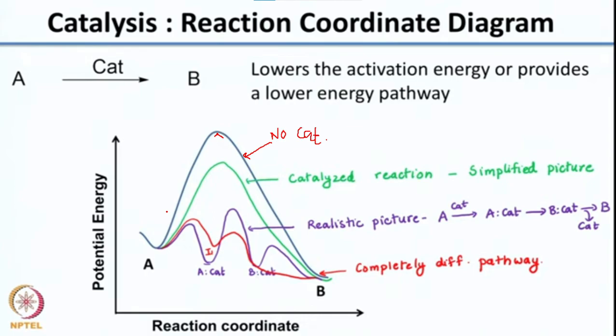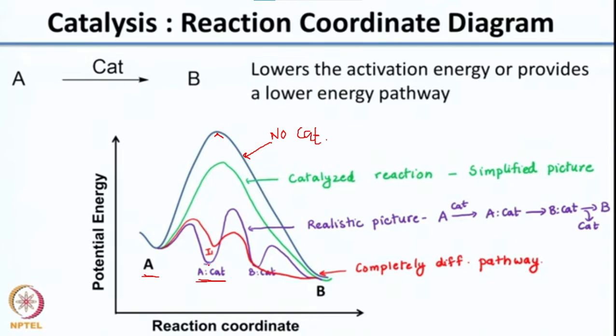So you can say when the catalyst was added, it forms a complex with our reactant, and that complex is stable compared to the reactant, right? So you can see here, the catalyst complex formation is more stable than A.